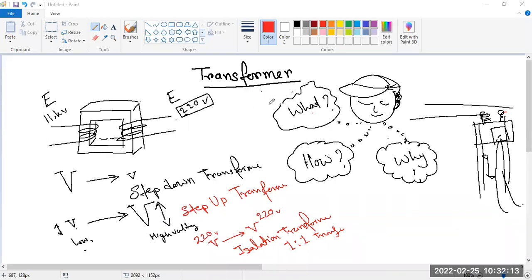Every part, every component you have to remember and think about so that you can apply it in your circuit or process. This is what, how and why. It is applicable for mechanical, electrical, civil, or any stream. Whenever you get any topic, just ask these questions. If you ask what to this transformer, whatever you get, you can remember.